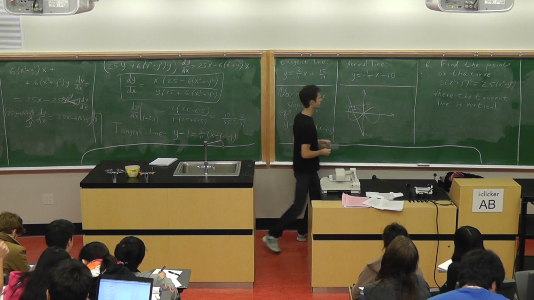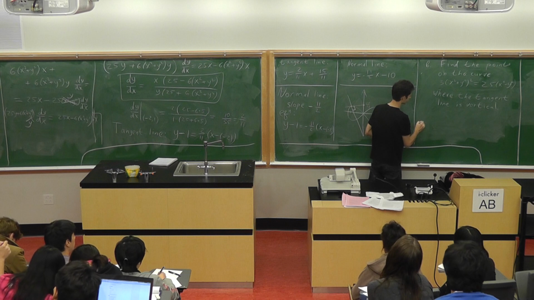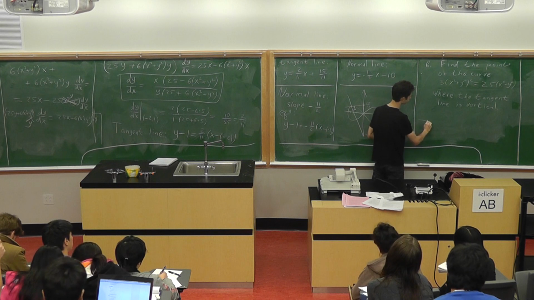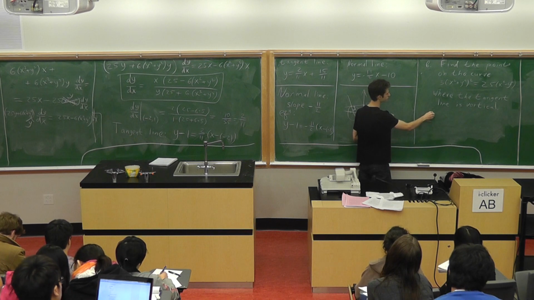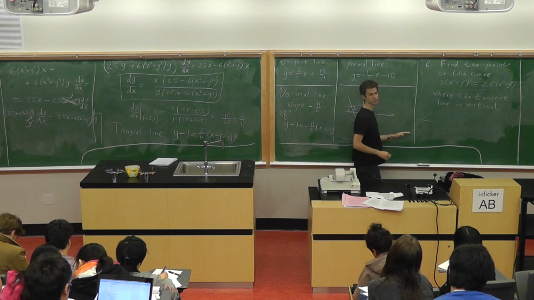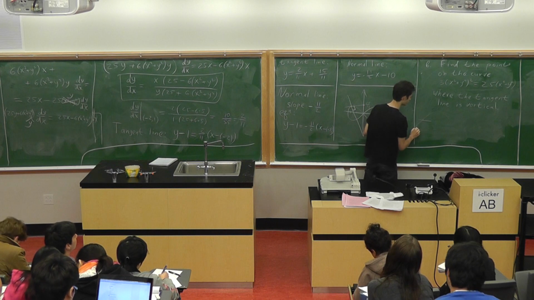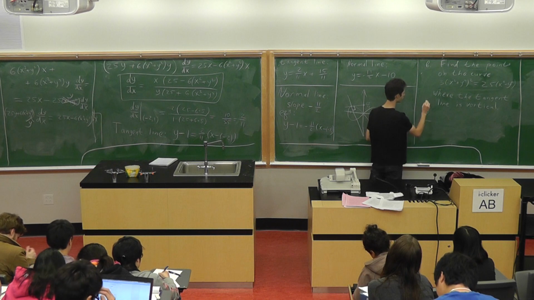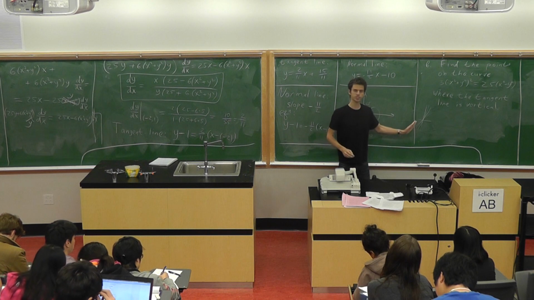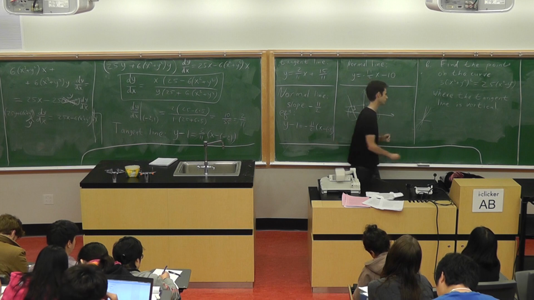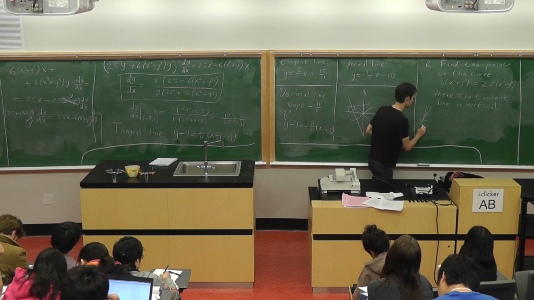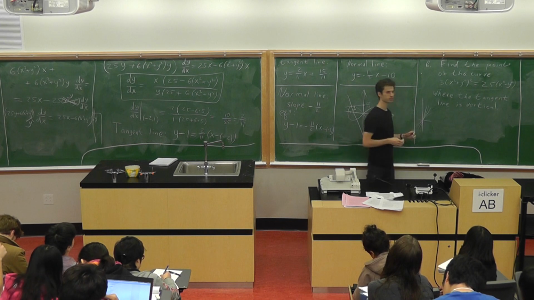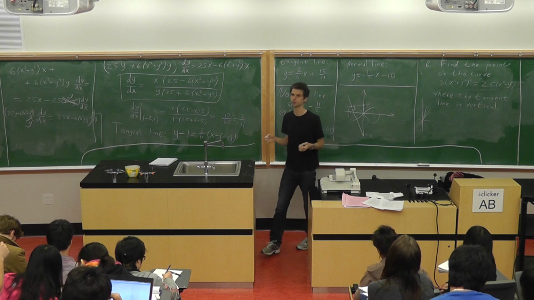Or you can think about it this way. A line which is horizontal has slope 0, a line which is at 45 degrees has slope 1. So here you'll have slope 2, 3, 4. As the slope increases, the line becomes more and more vertical. The actual vertical line has kind of infinitely large slope.